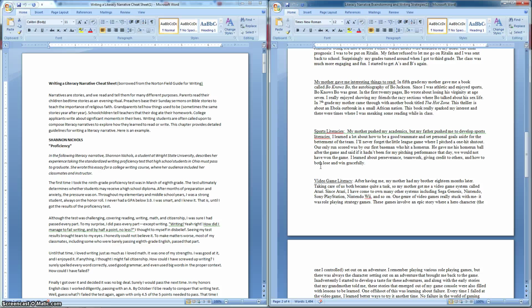So the first thing you're going to want to do maybe is think about, okay, what kind of literacy am I looking at? Am I looking at literacy in that classic sense of learning how to read or learning how to write? Am I looking at literacy in a different kind of way, as in joining a certain kind of community or a certain group and then gaining that literacy?